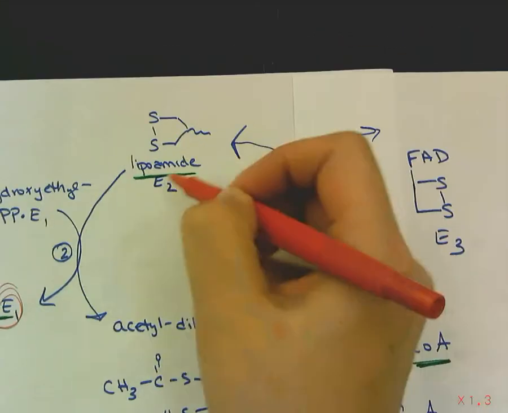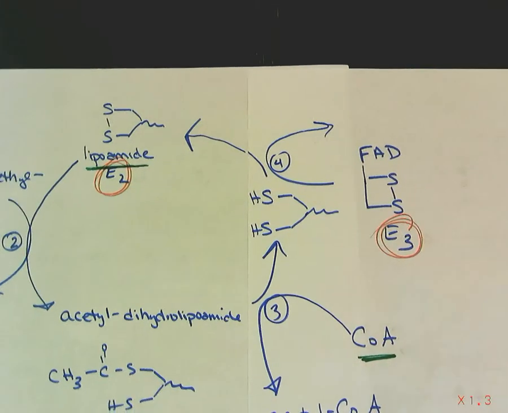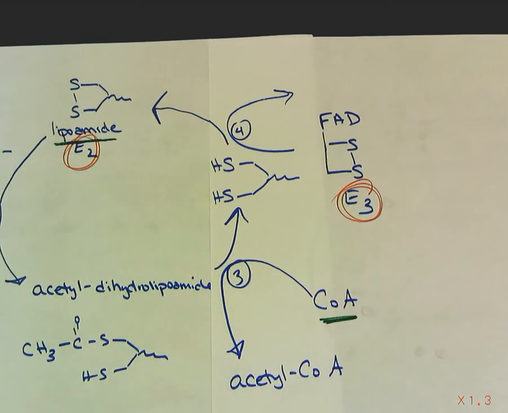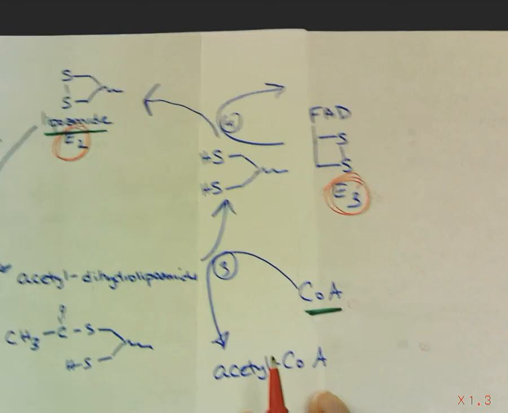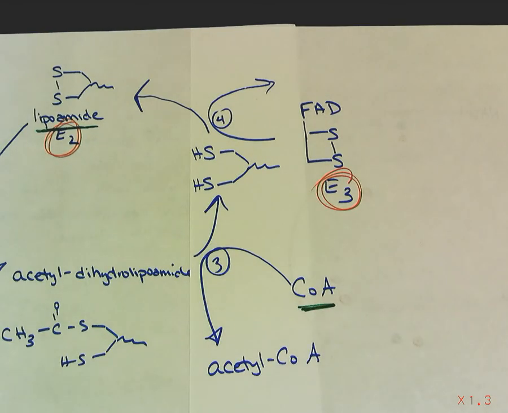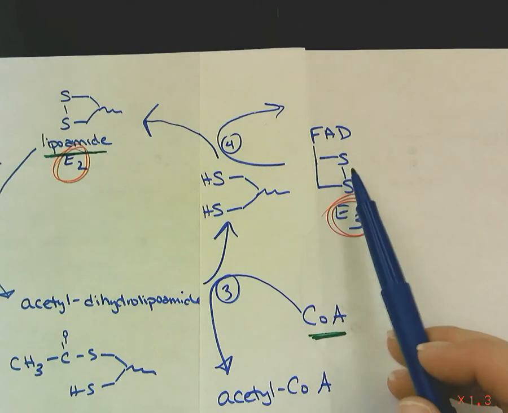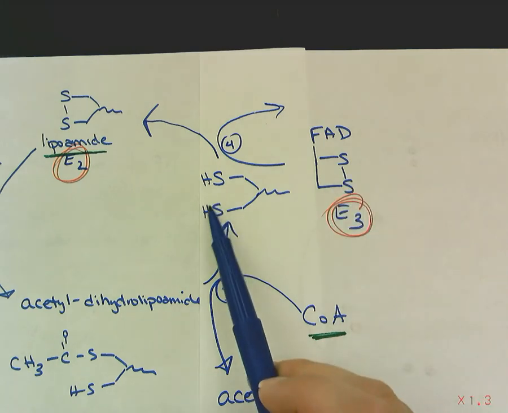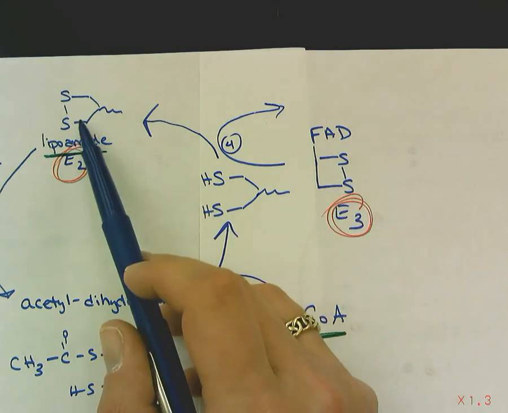So enzyme 1 was over here, enzyme 2 is here, and enzyme 3 is over here. So enzyme 2 and 3 interact. And I have an FAD. So what sort of reaction happens when you have an FAD? We have a redox reaction. So I'm going to oxidize this guy and reduce this guy. If I reduce this guy, I'm back to where I started.